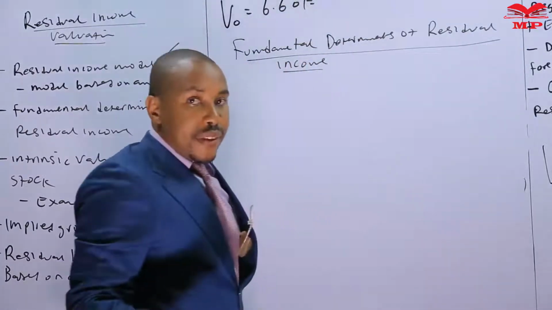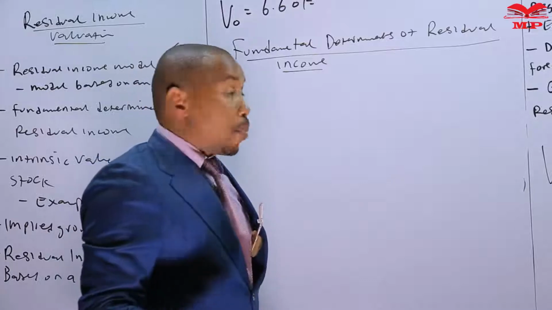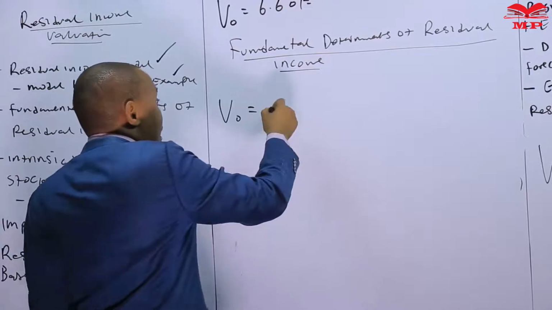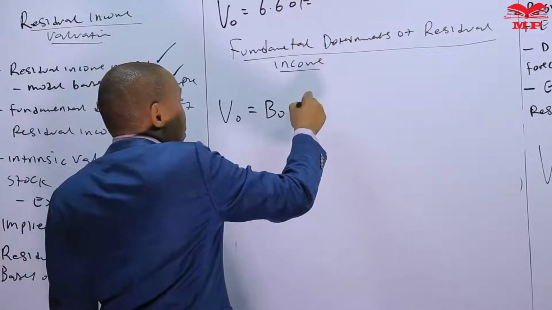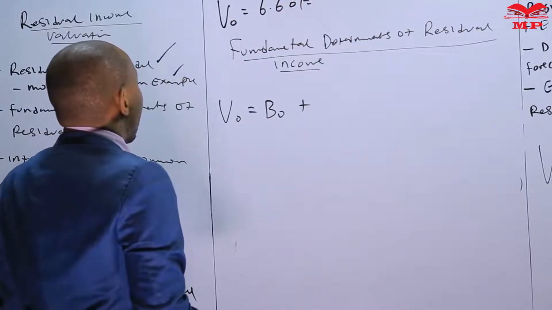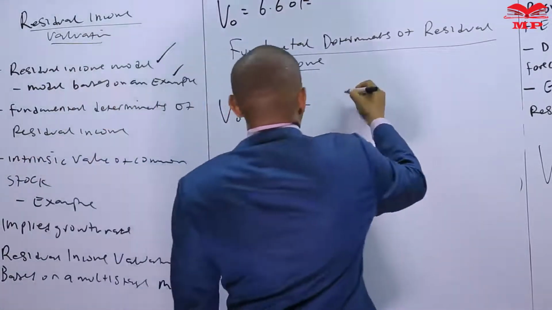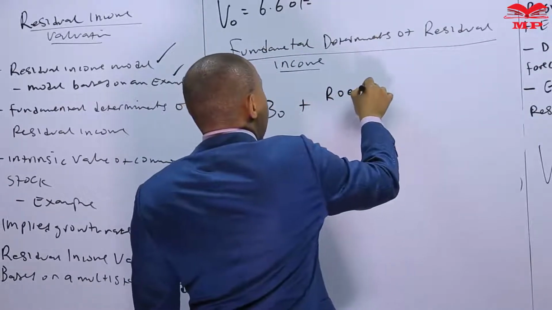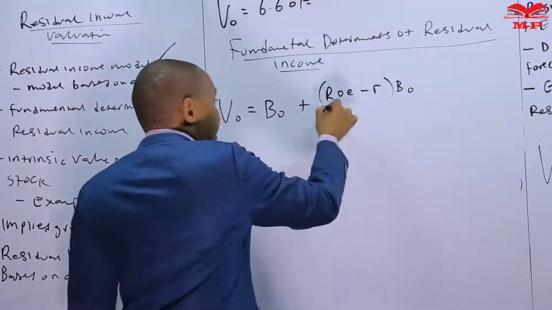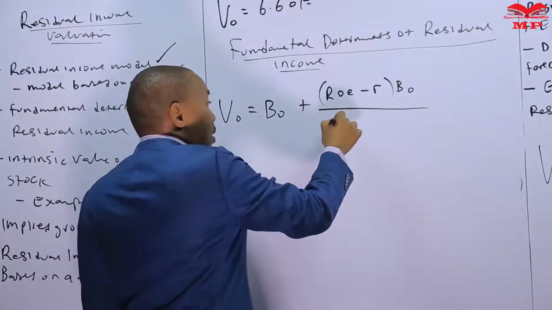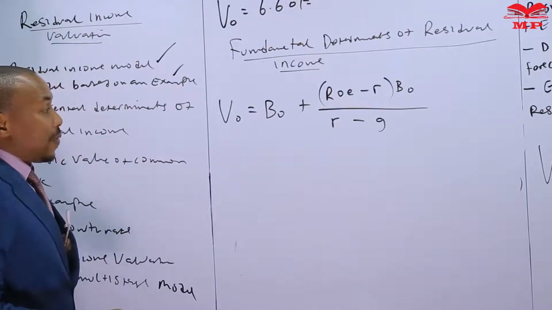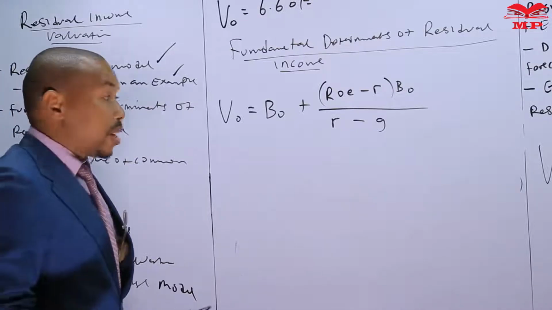Now, in trying to identify the fundamental determinants, what is important is that we need to know that the value of a share is given as B naught plus the present value of future economic profits right there. So we say ROE minus R times B naught discounted against R minus G. This is what we're saying are the fundamental determinants of residual income.